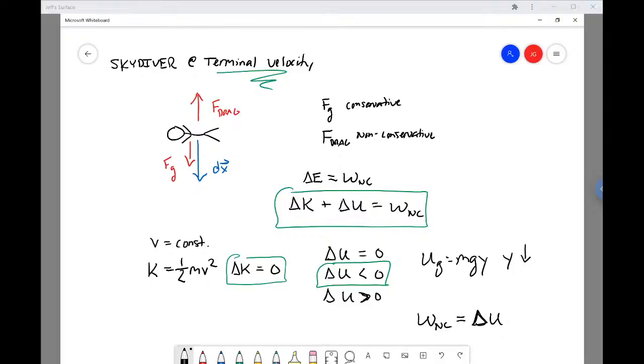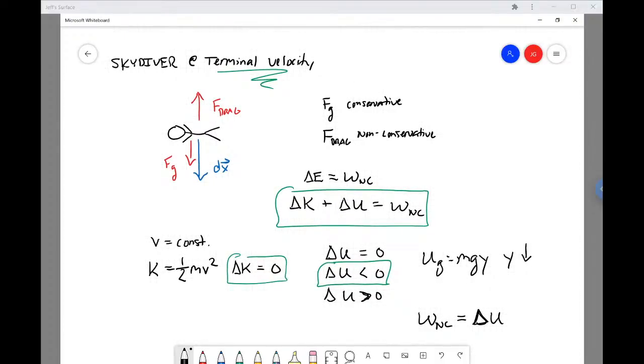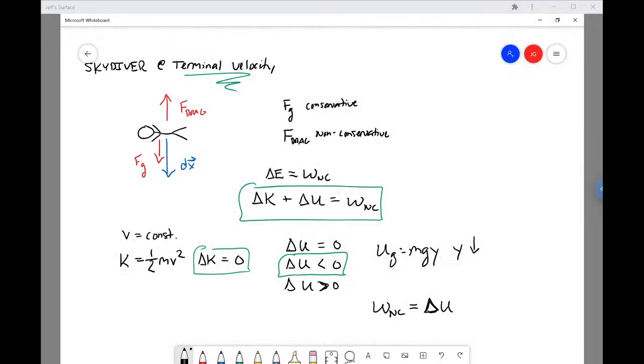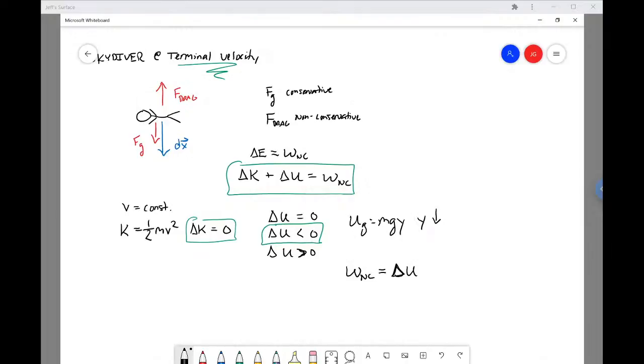So I like to think of this as, what's happening to the energy of the skydiver? Well, as the skydiver falls, we have potential energy becoming kinetic energy, and the kinetic energy is being dissipated as heat or thermal energy.